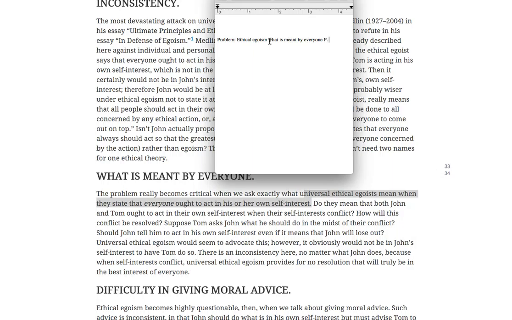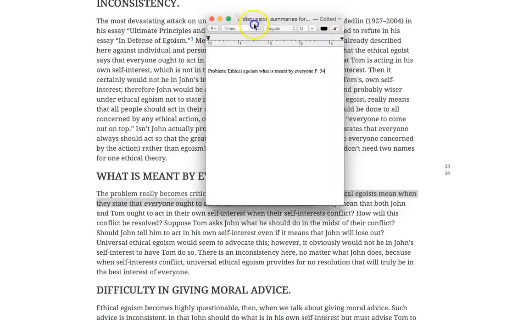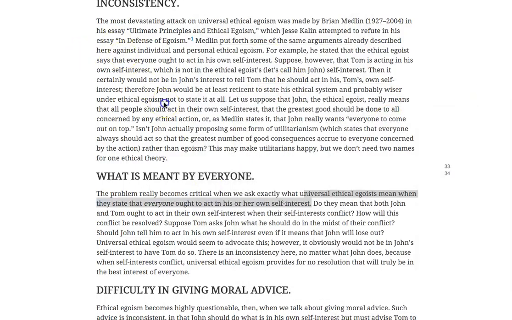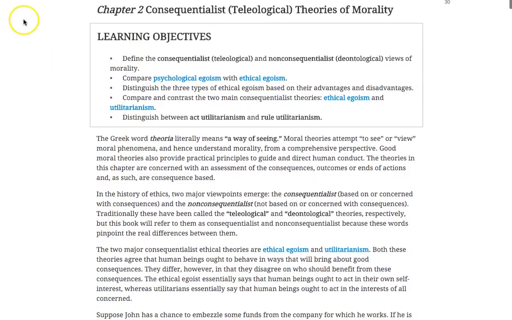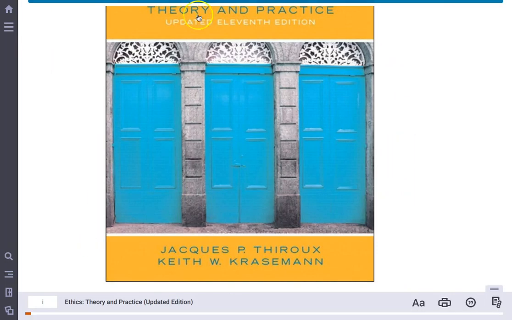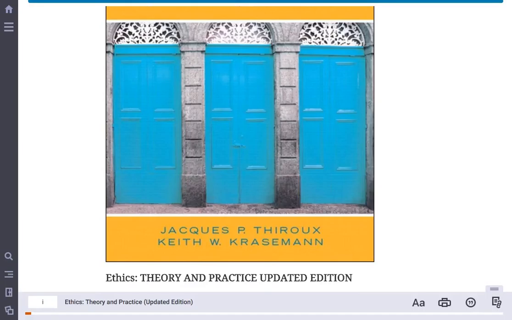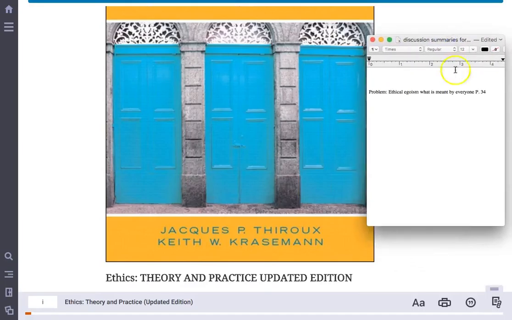This is page number 34. You want that information when you're taking your notes. So when you cite this information from the textbook, let me bring my scratch pad out real quick. When you cite this particular information, you are going to want to make sure that you have everything you need.